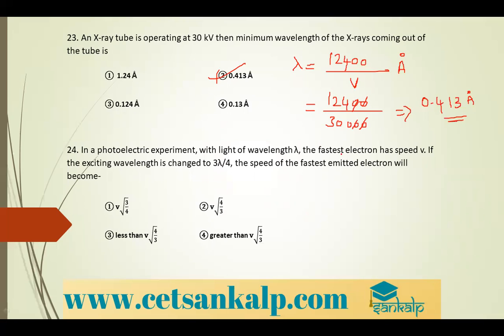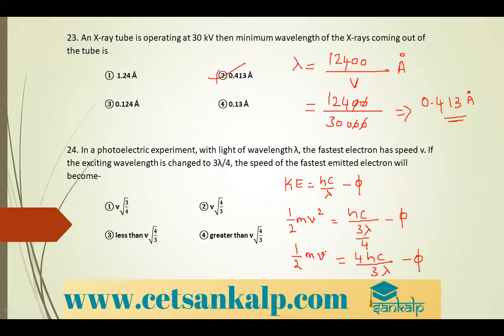So you have the formula, kinetic energy is equal to hc by lambda minus phi. Now this can be written as half mv square is equal to hc divided by 3 lambda by 4 minus phi. Now if you solve, you can write this as 4hc by 3 lambda minus phi.